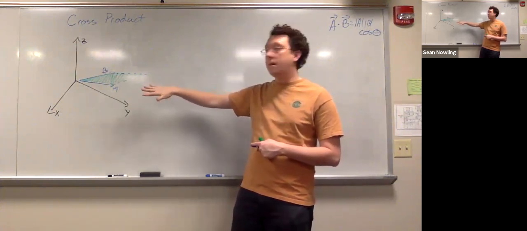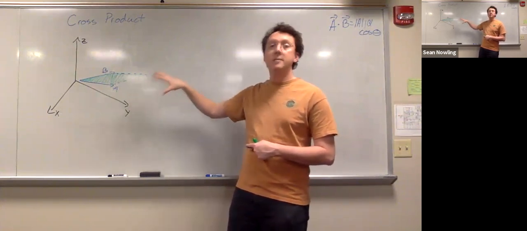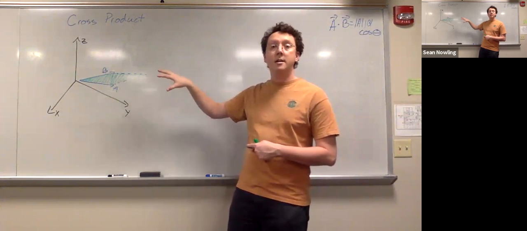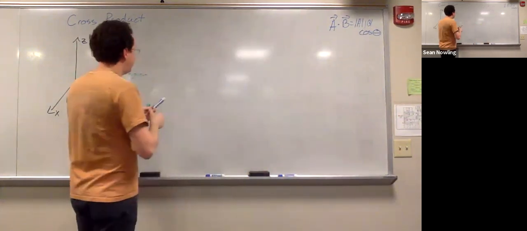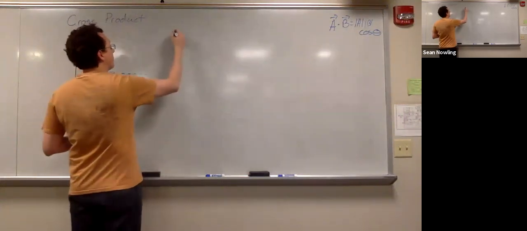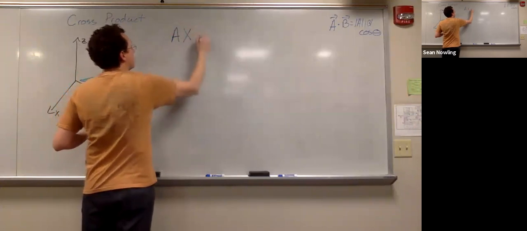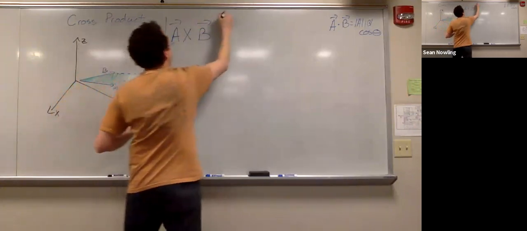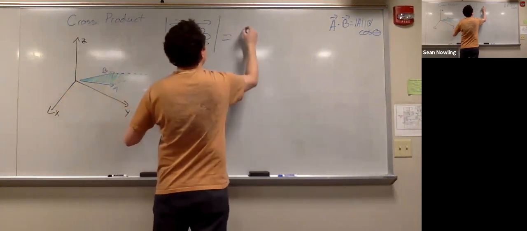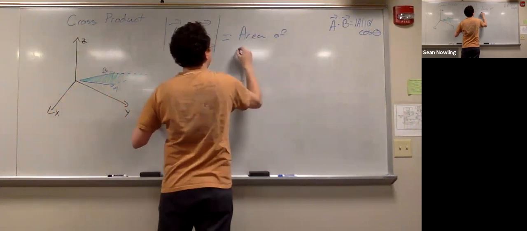Okay, so the area of this parallelogram formed by A and B is the magnitude of the cross product. So I'll go ahead and write this out. A cross B, whatever that means, I'll have to figure that out, has a magnitude which is the area of the parallelogram.